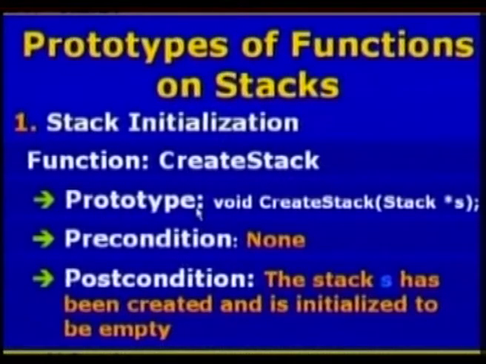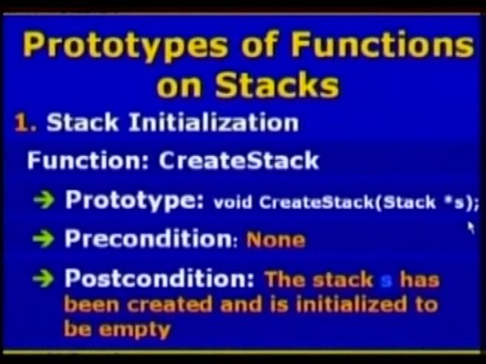The prototype for it would be something like this. It's going to be of type void. The name of the function is create stack. And this is a habit in C, and you have learned that in Informatics 1 class, in the C class, that your names have to be logically meaningful names. So we're creating a stack, so why not call it create stack?